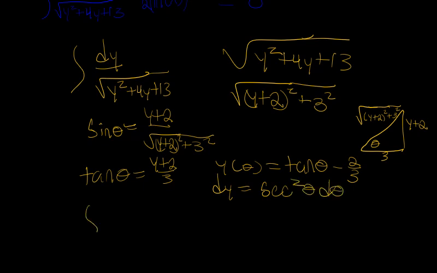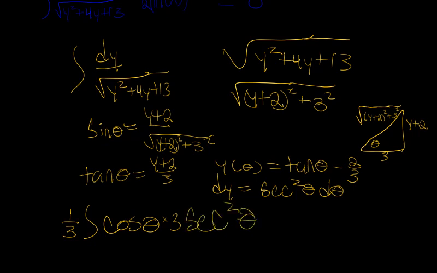And so after translating the integral accordingly, this 1 over root of y squared plus 4y plus 13 with respect to y ends up being 1/3 times cosine theta times 3 secant squared theta d theta. So the 1/3 and the 3 get rid of each other.